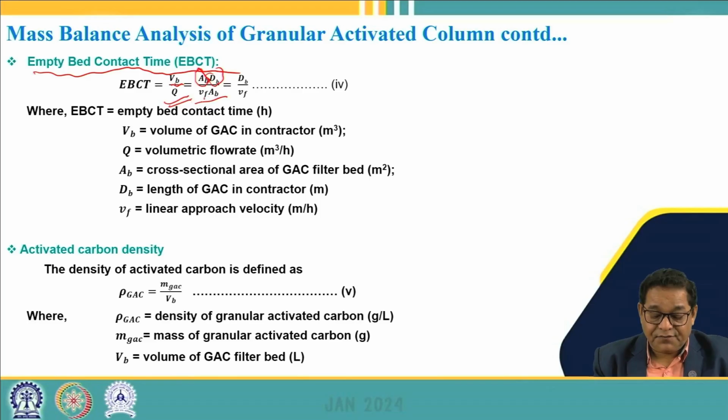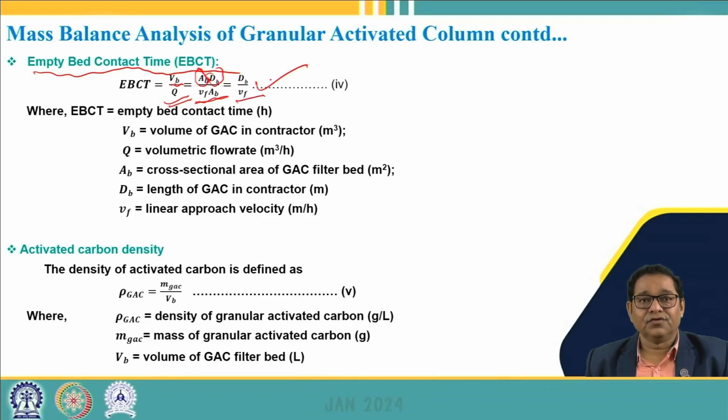The flow rate, if we write in terms of velocity of flow, will be equal to velocity of flow into area of bed. So the area of bed in the denominator and numerator will get cancelled, and we will have the depth of the bed divided by velocity of flow through the bed.